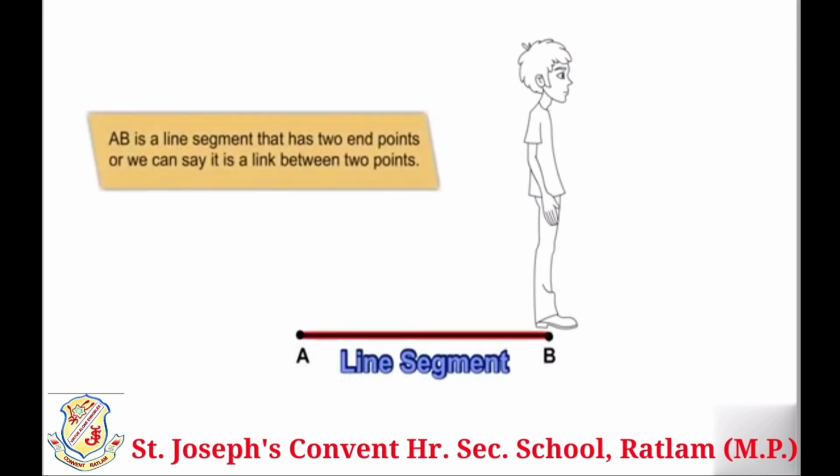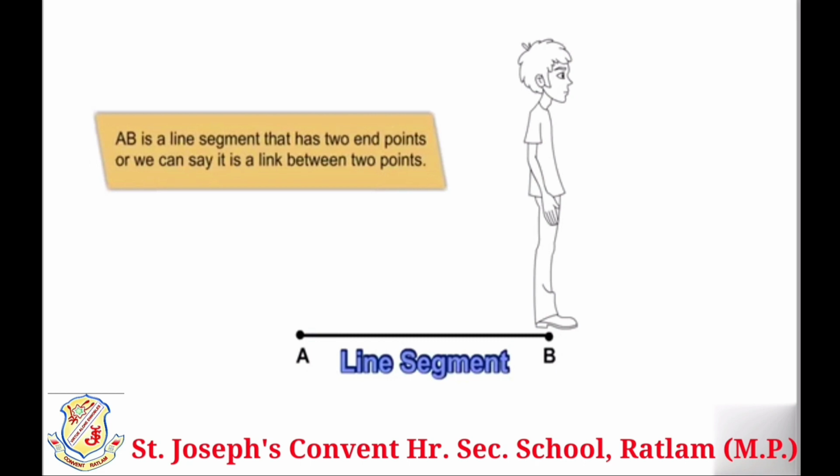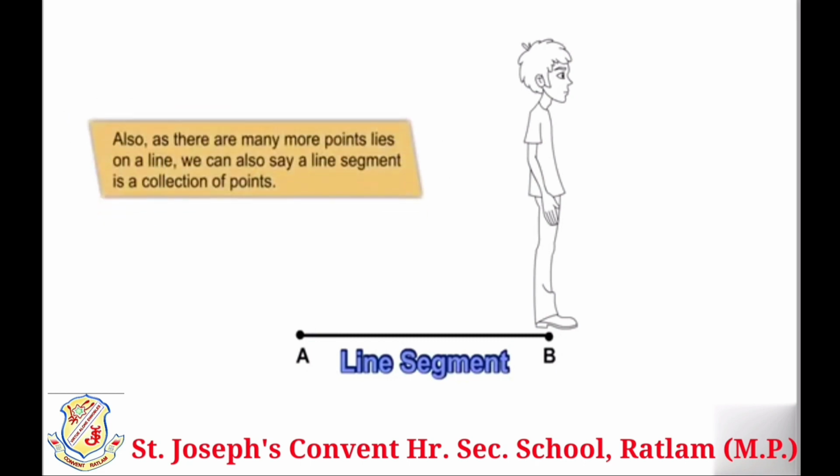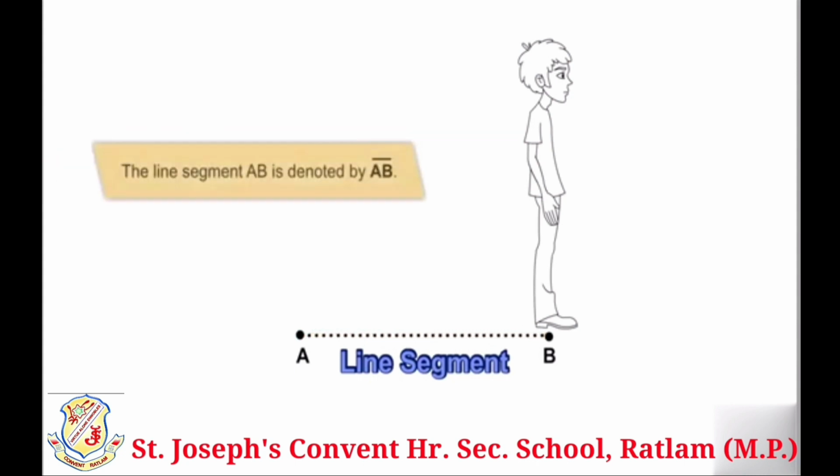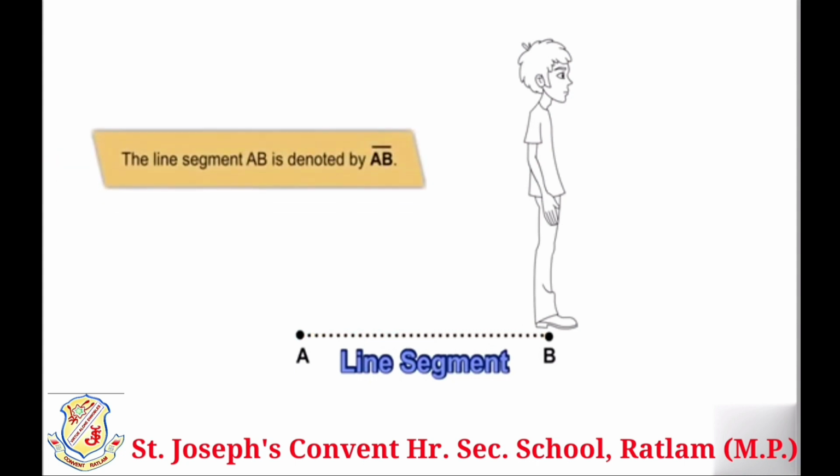Hence, AB is a line segment that has 2 endpoints, or we can say it is a link between 2 points. Also, there are many more points that lie on a line. We can also say a line segment is a collection of points. And the line segment AB is denoted by a line over the top of the letters AB like this.